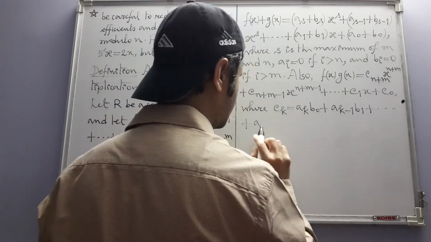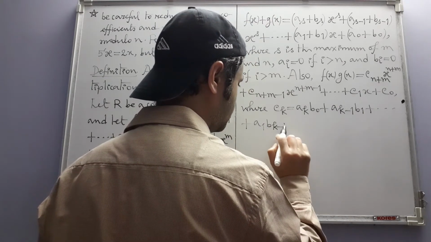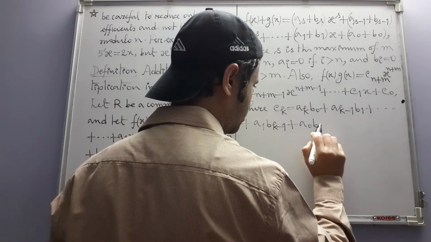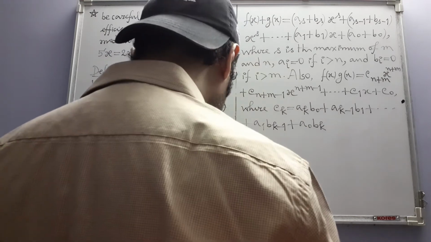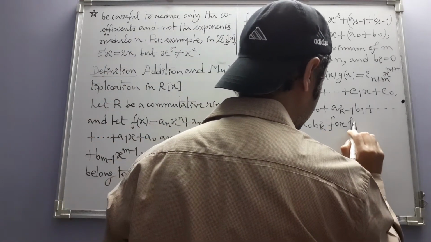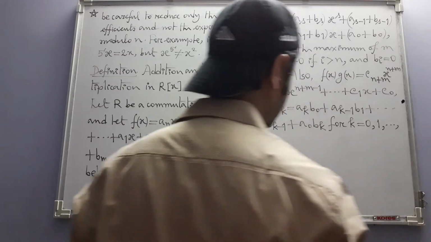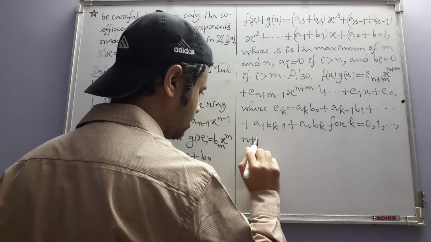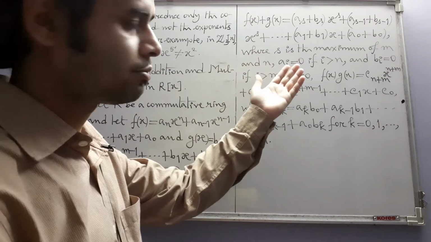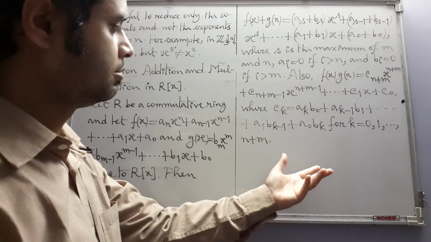So eventually we will reach a1, but then here we should have b_{k-1} and then finally a0 bk, for k varying from 0 to n plus m. And here also, just like the case of addition, you have to make these adjustments if necessary.